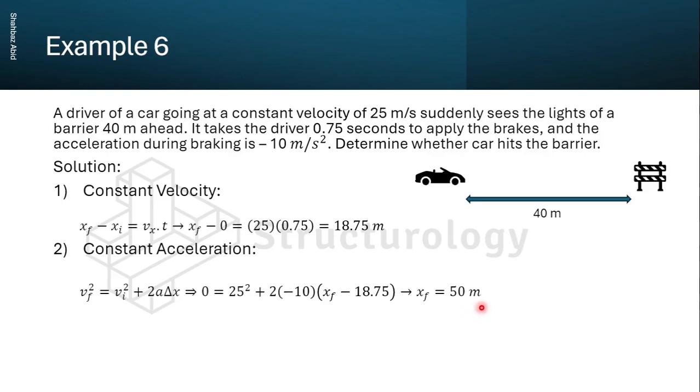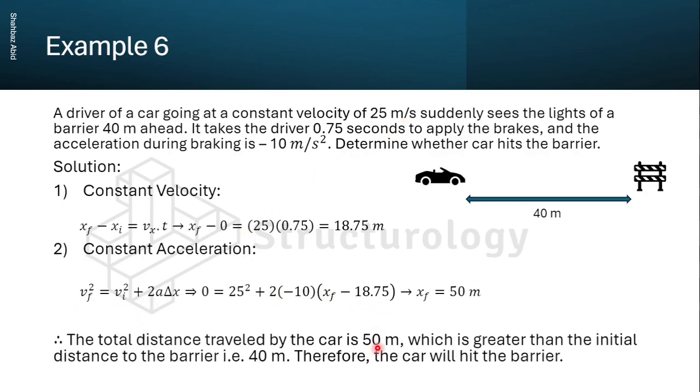So it took 50 meters of total displacement to stop the car from 25 meters per second to 0. The total distance traveled by the car is 50 meters, which is more than 40 meters. So therefore the car will hit the barrier.